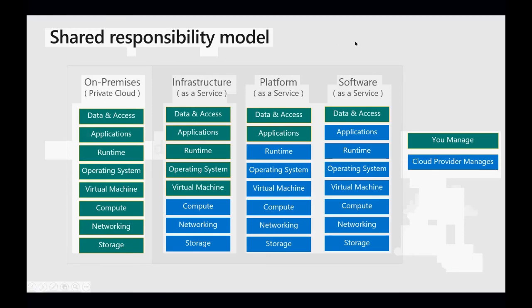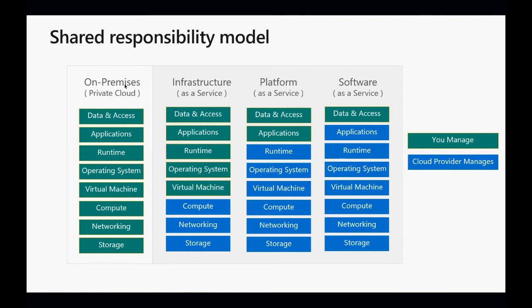So we're going to look at the types of cloud services. So in here, again, exactly what we just been discussing a few moments ago of the responsibility of who manages what. So in this slide here, on premises, if you have those physical servers, that's also private cloud.